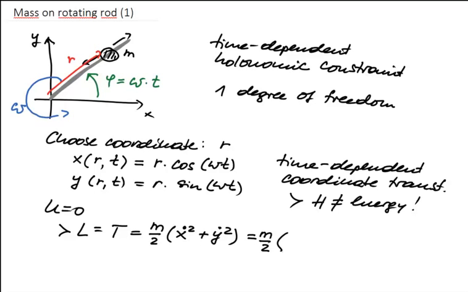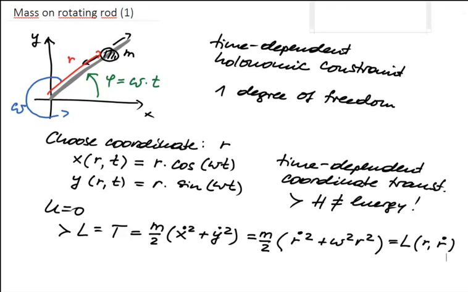And this gives us an extra inner derivative omega. And when you work it all out, you find that the velocity squared now becomes r dot squared plus omega squared r squared. And this is now the Lagrange function expressed as a function of the new coordinate r and the new velocity r dot.